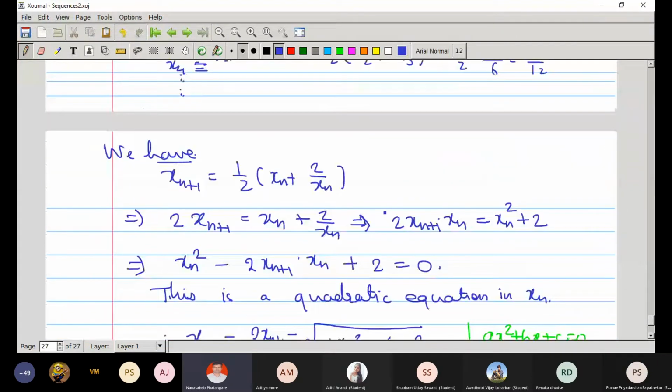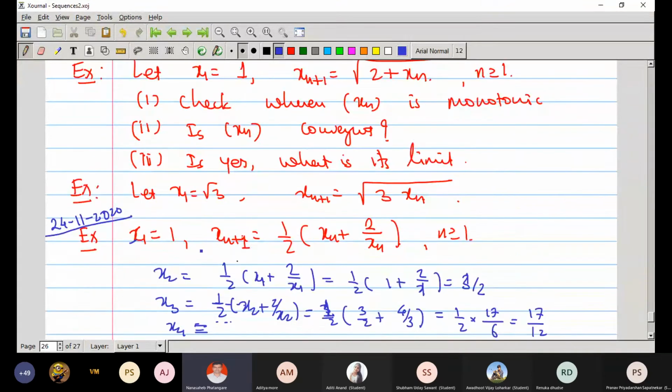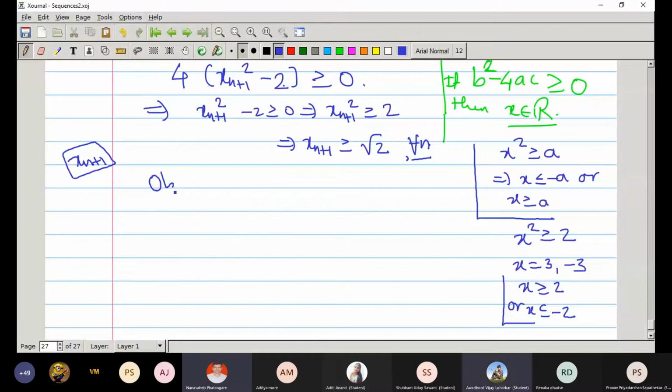Because what are our numbers? All numbers are positive. That is by definition of the sequence. You understand? Yes, sir. Got it. So observe that in this case, all xn's are positive.